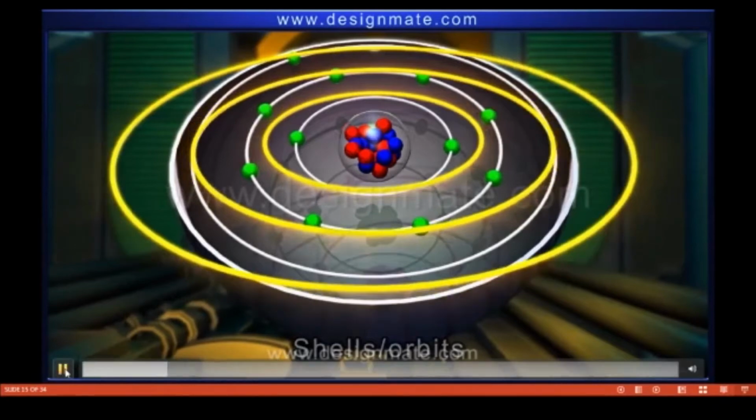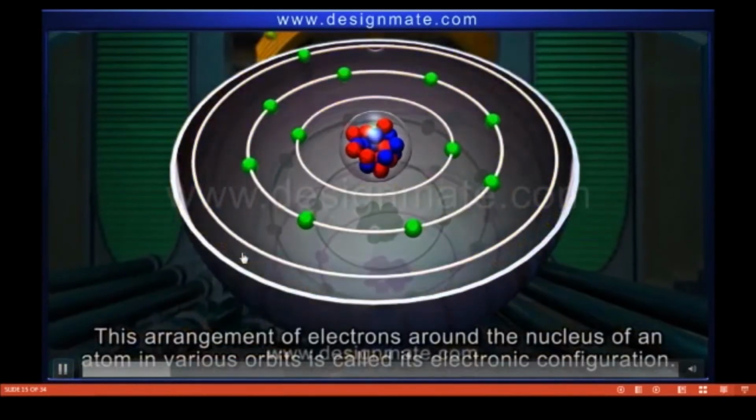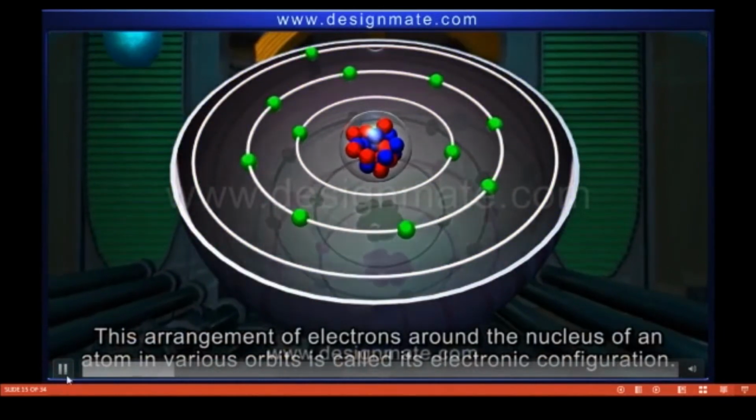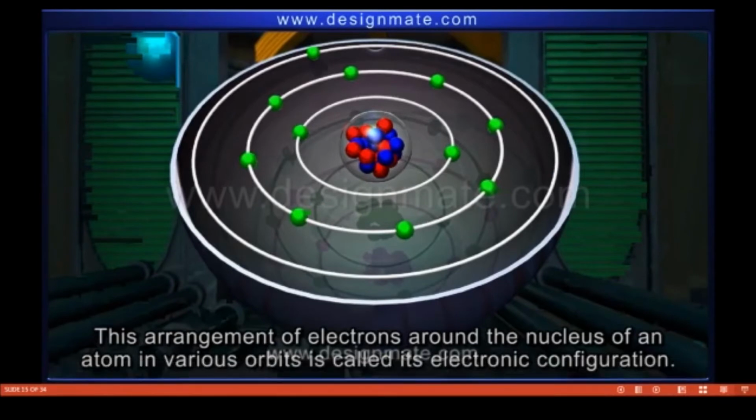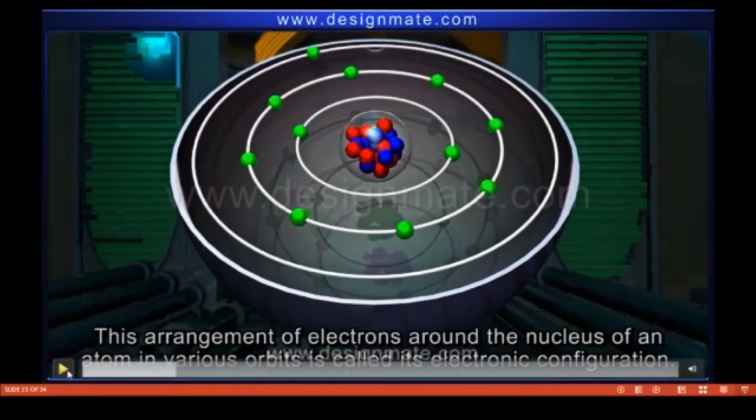Why? Because the arrangement of electrons around the nucleus of an atom in various orbits is called its electronic configuration. What is electronic configuration, student? The arrangement of electrons around the nucleus of an atom in various orbits.